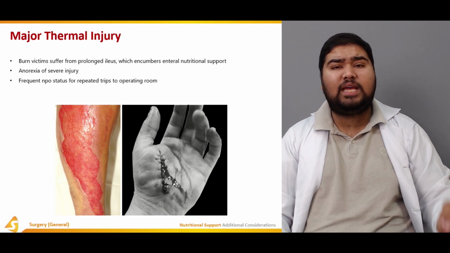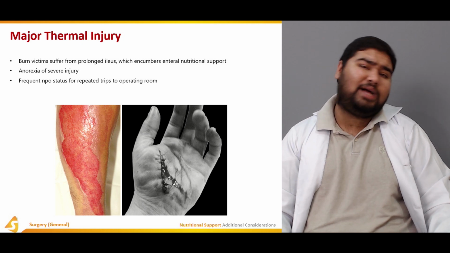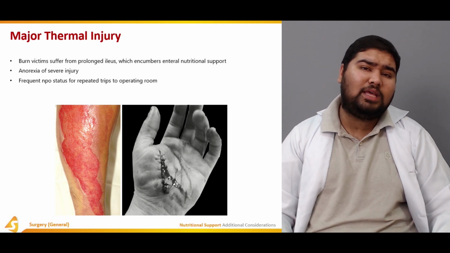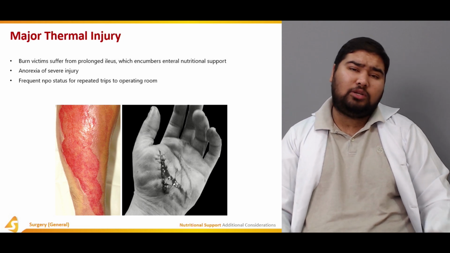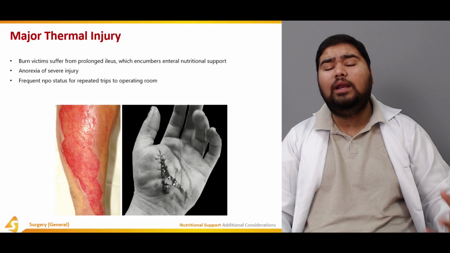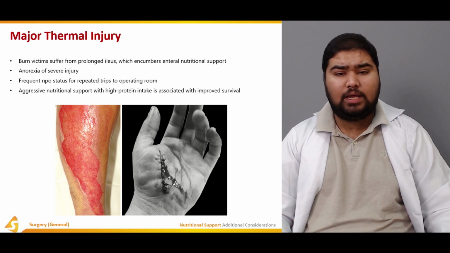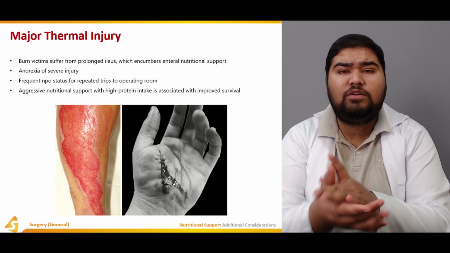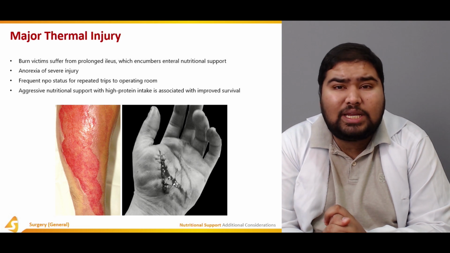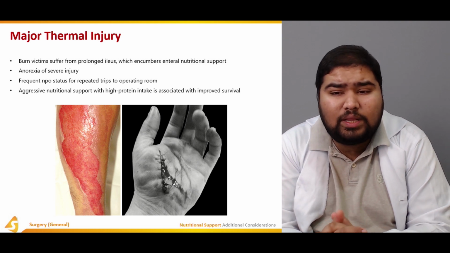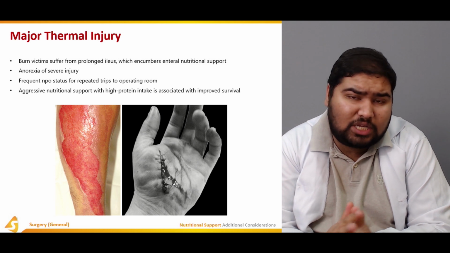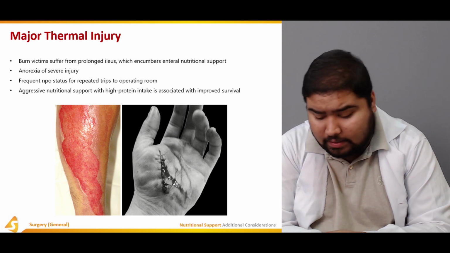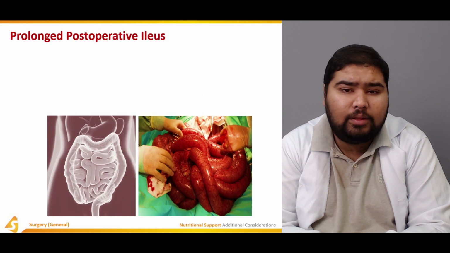There are frequent NPO, or nil per oral, that is, you cannot give them anything through their mouth for repeated trips to the operating room because you have to correct their alimentary canal. So, aggressive nutritional support with high protein intake is associated with improved survival in these patients. So, TPN is clearly the better option here.